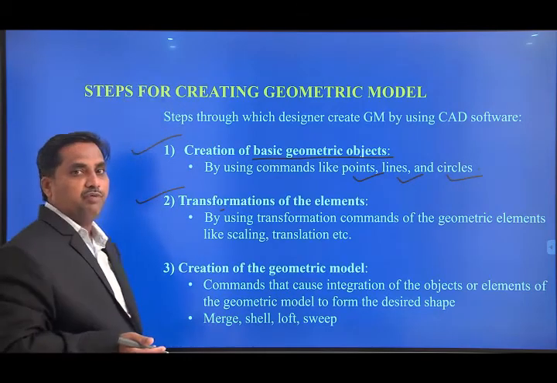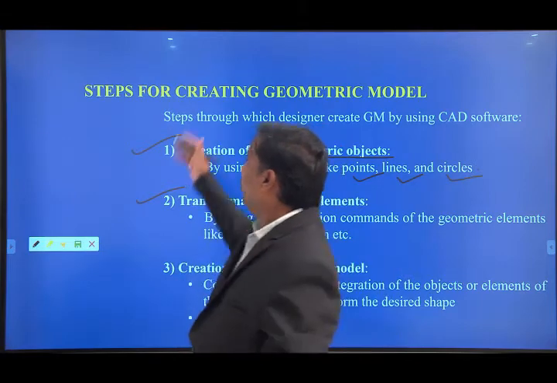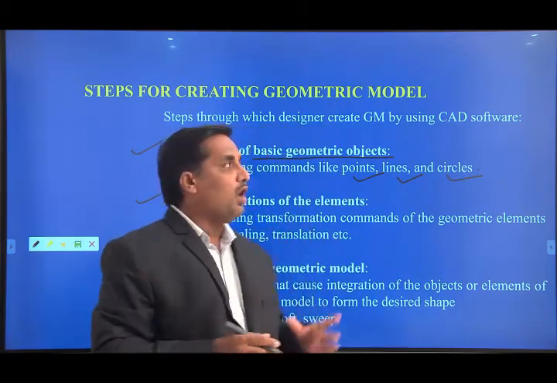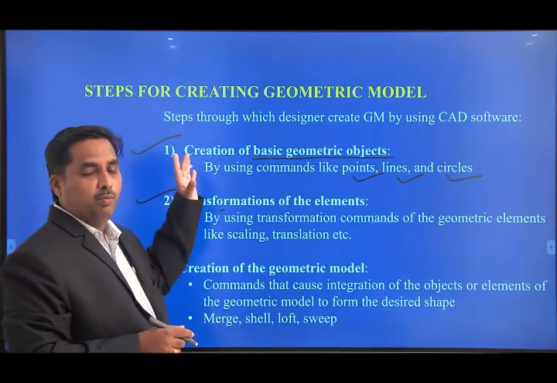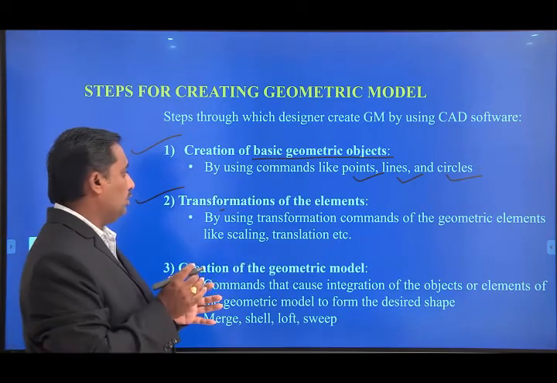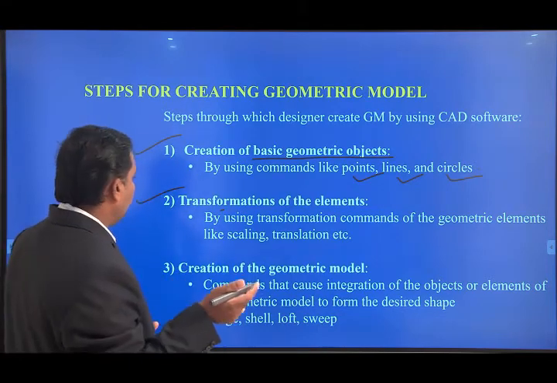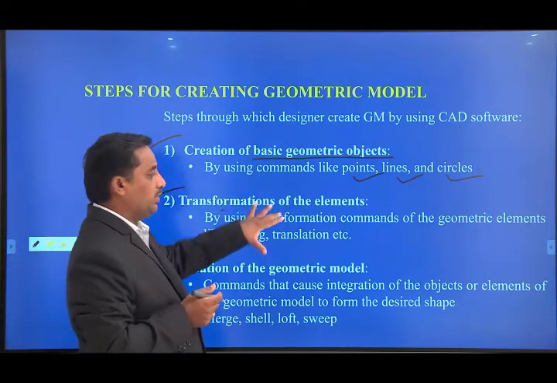How do we get the final component? For modeling the final component, we have to move all these elements to the proper location, assemble them, scale them, or rotate them to the required orientation. So we require transformations of these elements here.